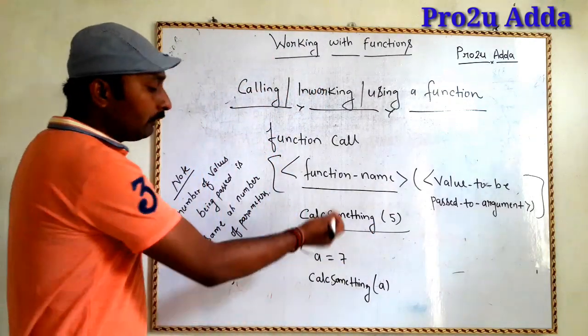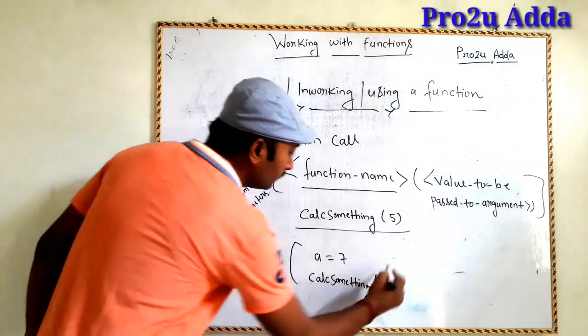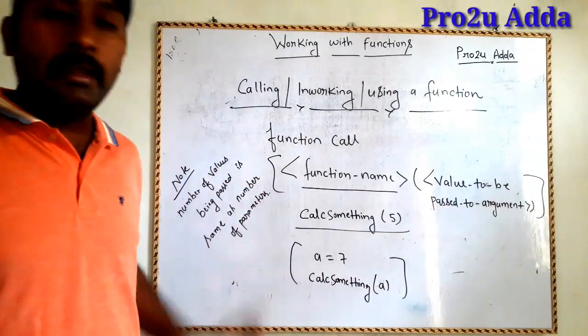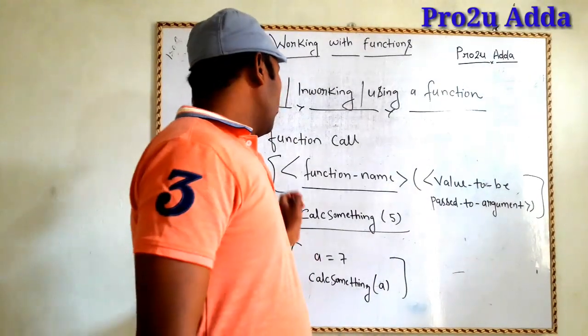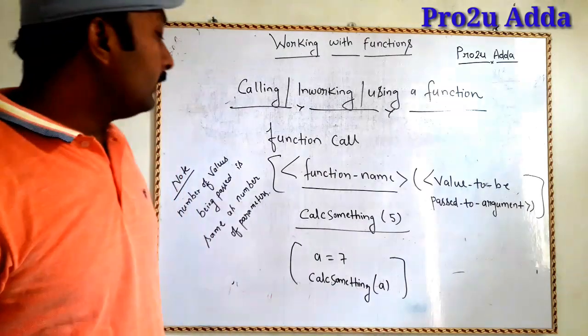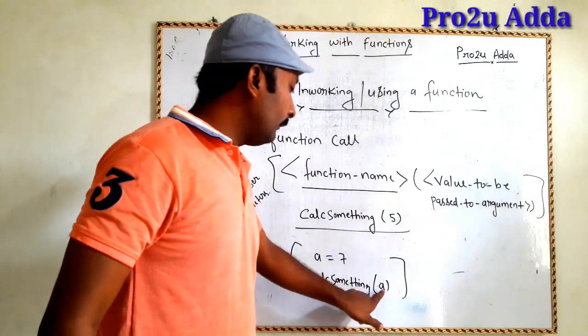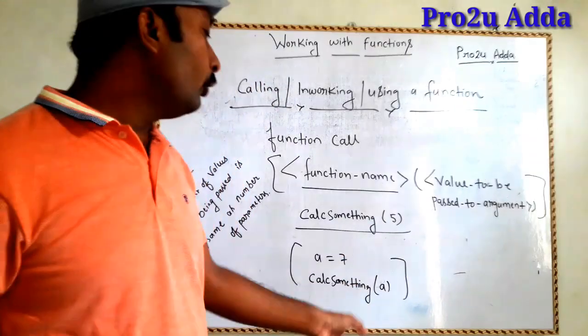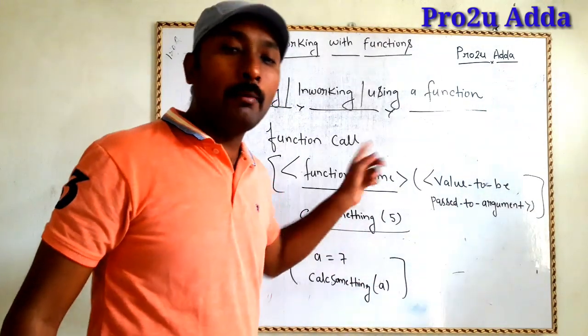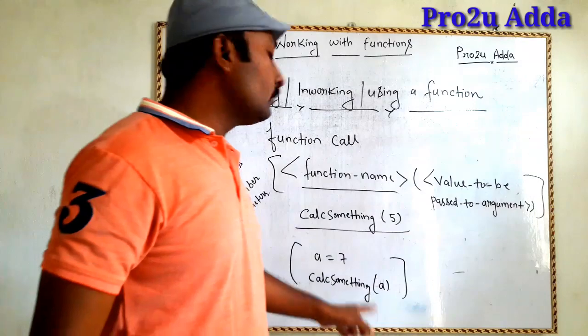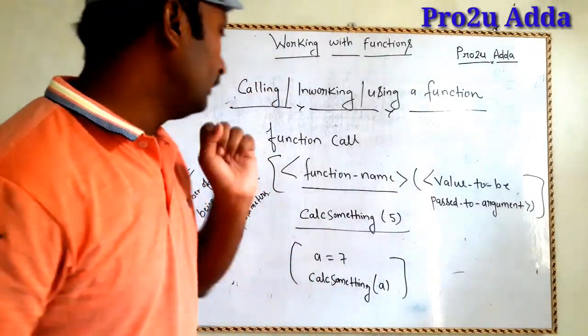Then you can see one more example with the function. Here we have taken a. a is a variable having the value 7, and calc something is a function, and we are accessing a. a here is an argument which accepts data from a variable, and the variable a contains 7.